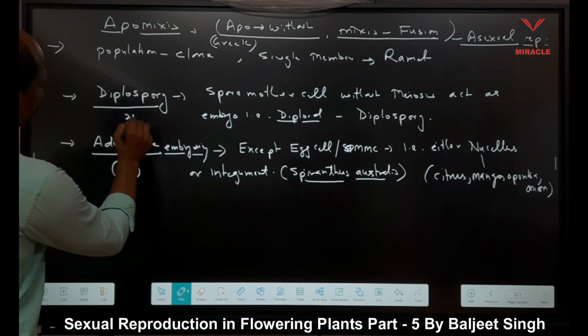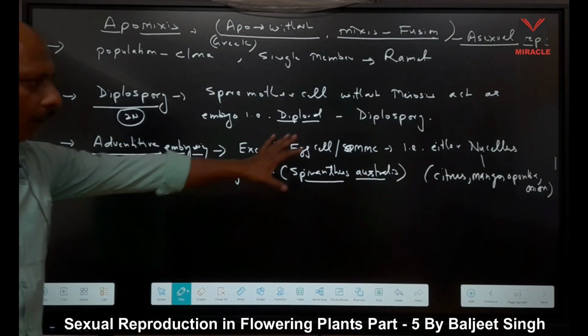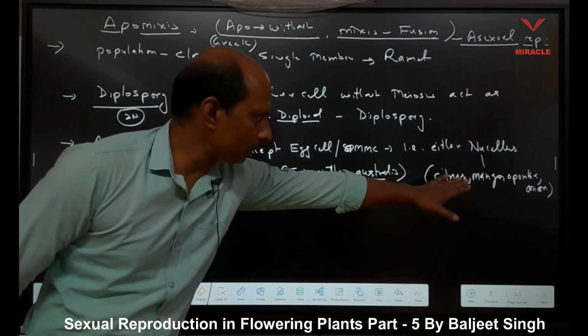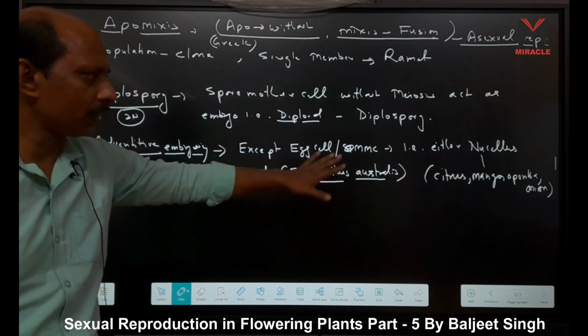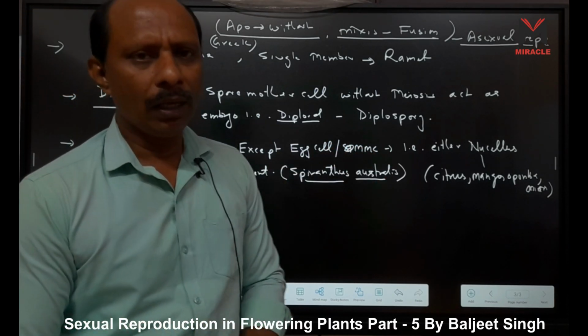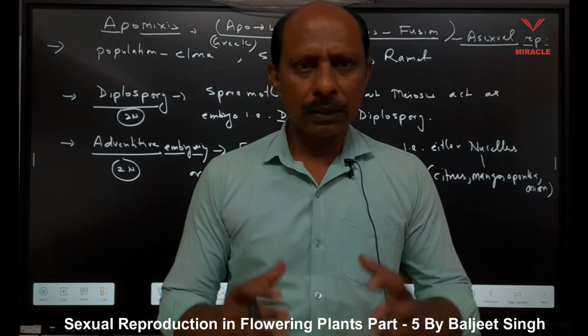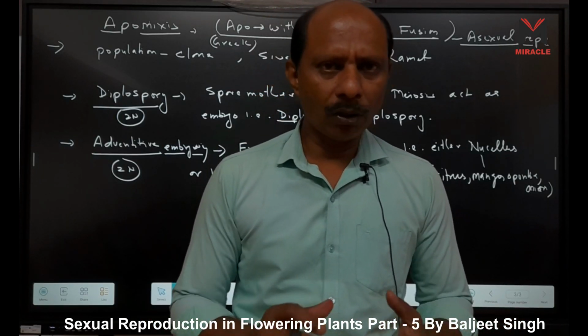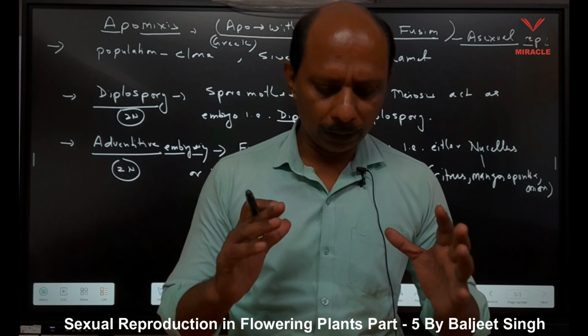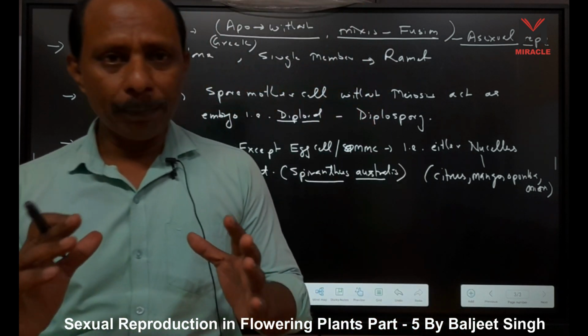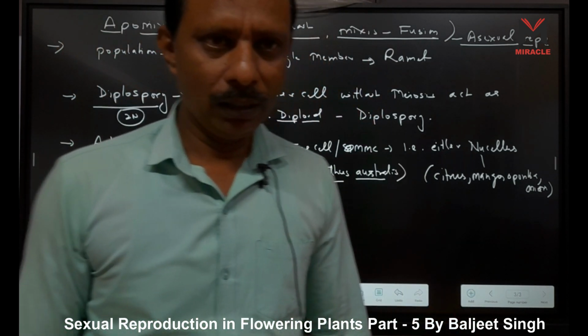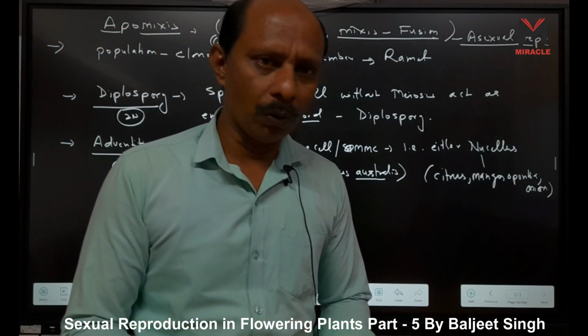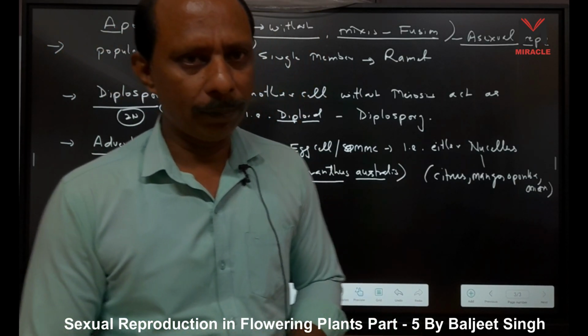Nucellus or integument cells are responsible for polyembryony, because more than one nucellus cell starts mitotic division and forms an embryo, which protrudes into the embryo sac. So this embryo sac contains more than one embryo, that means it forms polyembryony.